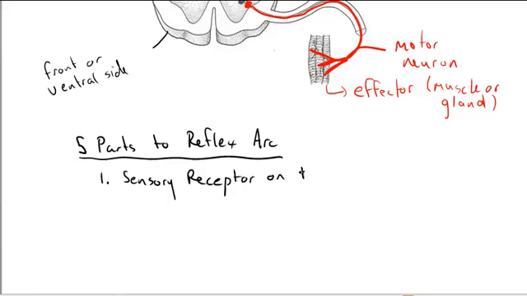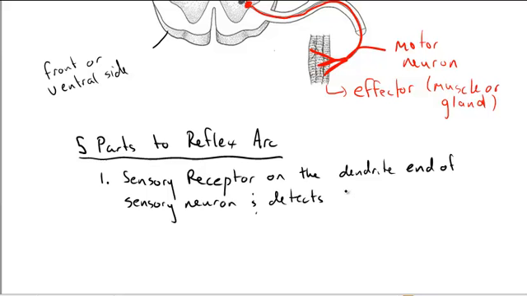It's on the dendrite end of the sensory neuron and detects stimuli, so a change in its environment, such as temperature, pressure, and texture.